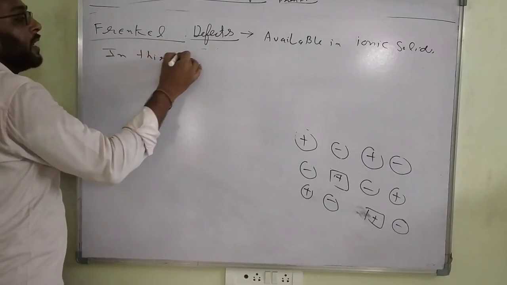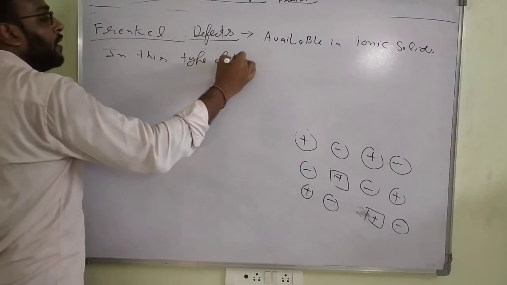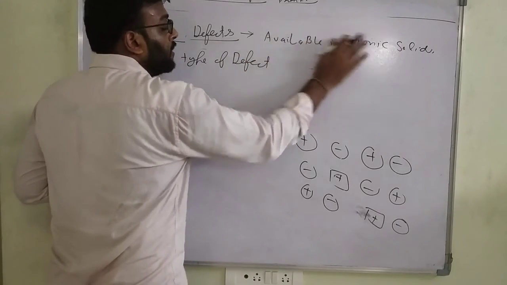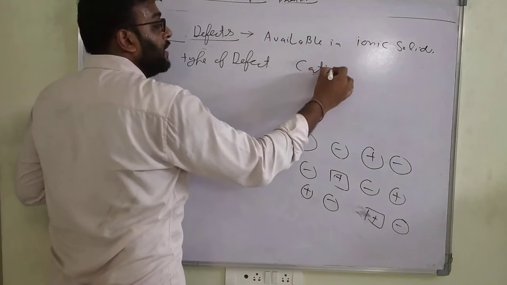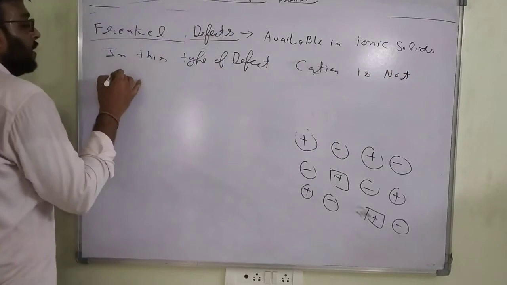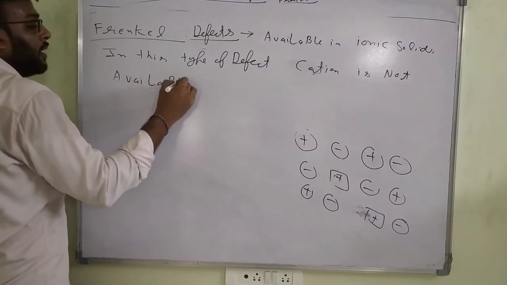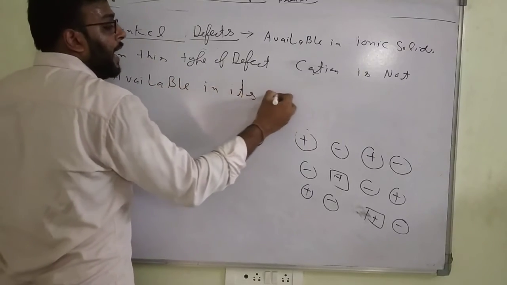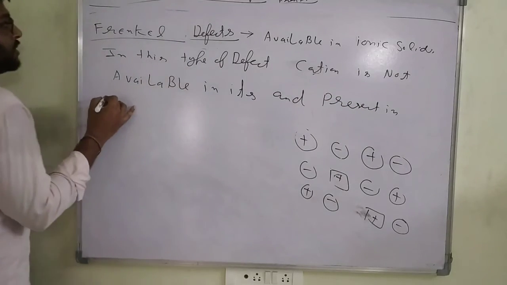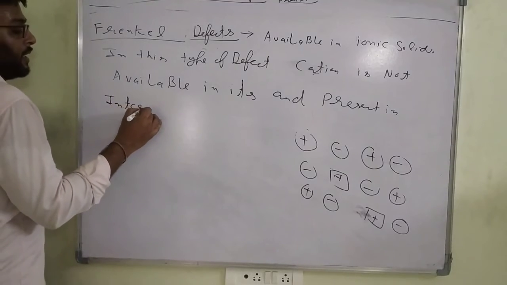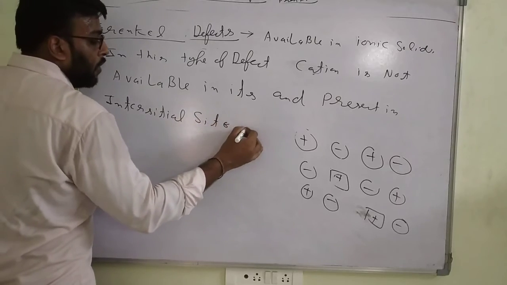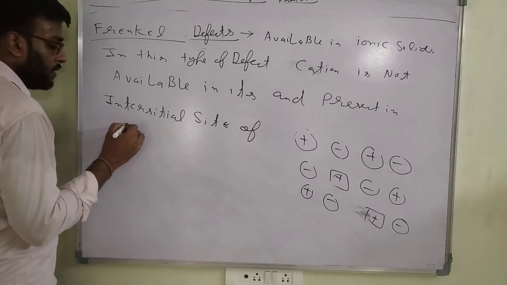In this type of defect, a constituent particle, the cation, is not available at its point and is present in the interstitial site of the solid.